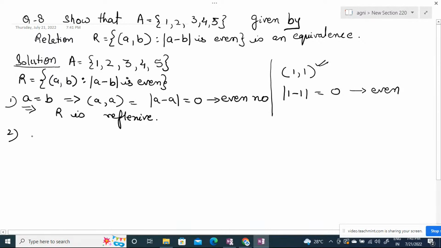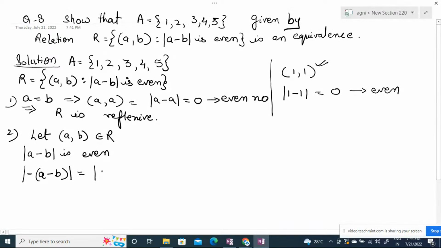Let (A, B) belong to the relation, and mod of A minus B is even. It is given in the question. Now, if we find the value of mod of minus (A minus B), everything we take out from the mod becomes positive. So I can write it as minus A plus B, that is B minus A. So if A minus B is even, then B minus A is also even.